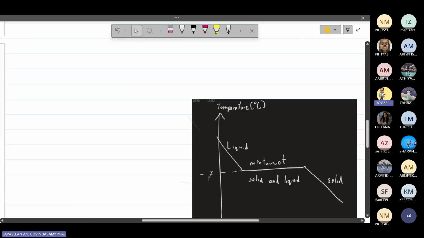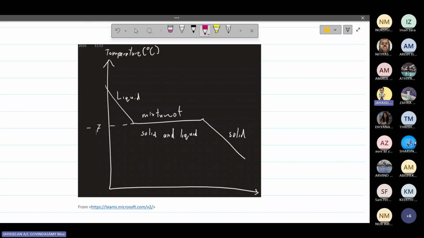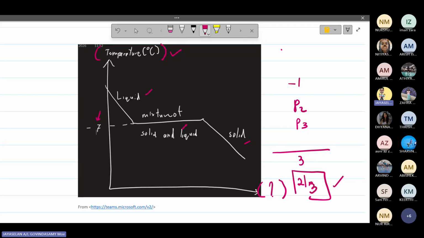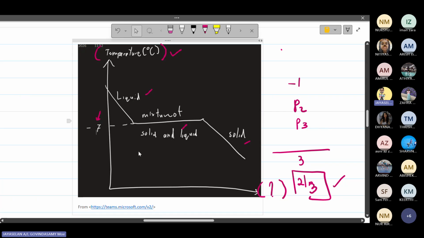Okay, you see here. If let's say you draw like this, this one has no labeling here. So what happened? 1 mark gone. This one, this one, this one, so it already scores 1 mark. So 1 mark gone. So he already scores point number two. And you already put the freezing point, so you score point number three. So total marks is 3 marks. Okay, Arvind already scored 2 marks. Well done. But I want all full marks. So make sure you remember. Okay?